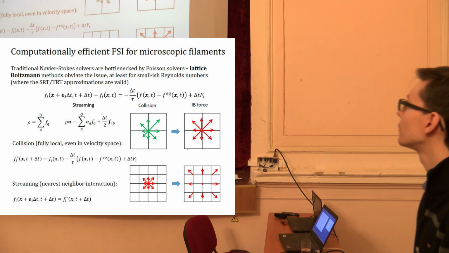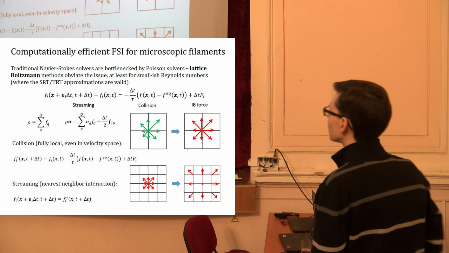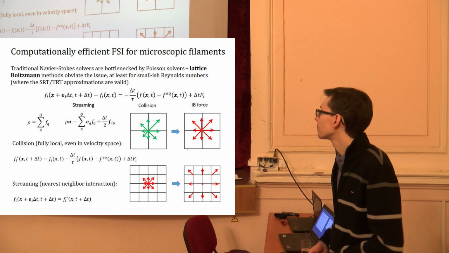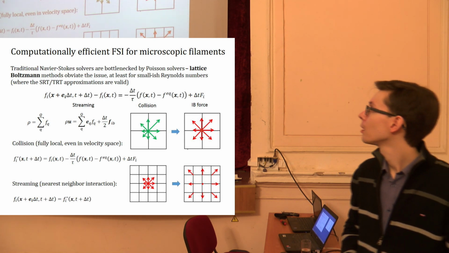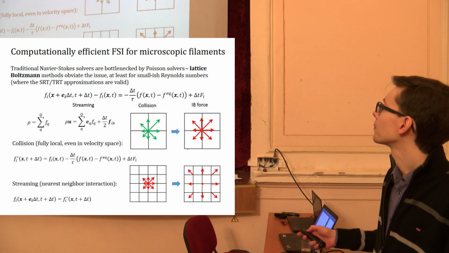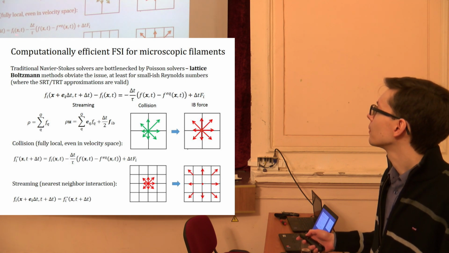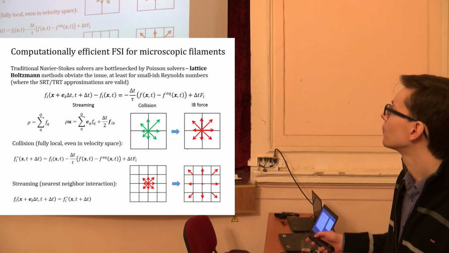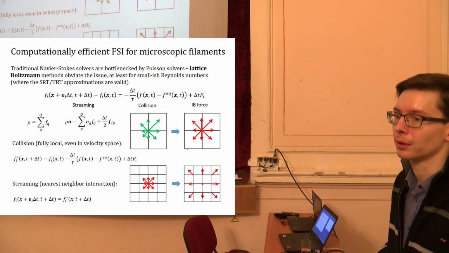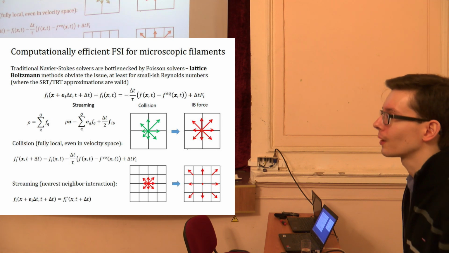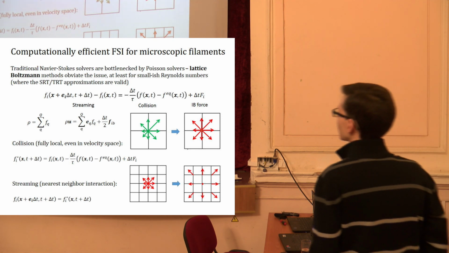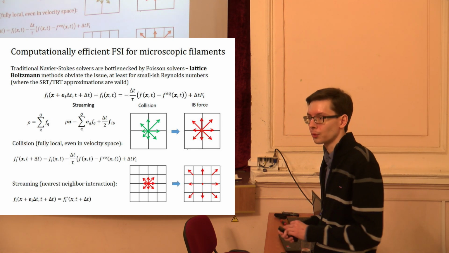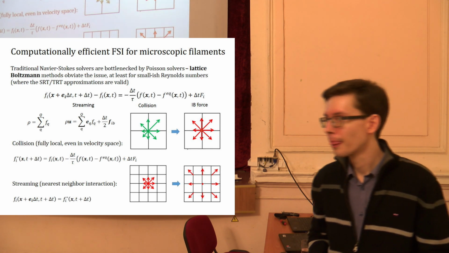One way of doing this is by using the so-called Lattice-Boltzmann method, which is far more parallelizable because, by virtue of its mesoscopic approach, it consists of two steps, the first of which is perfectly parallelizable, in the sense that everything that's going on is only local to one grid point on your computational grid.